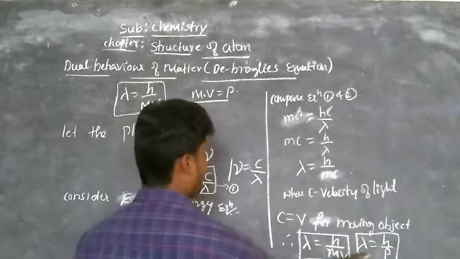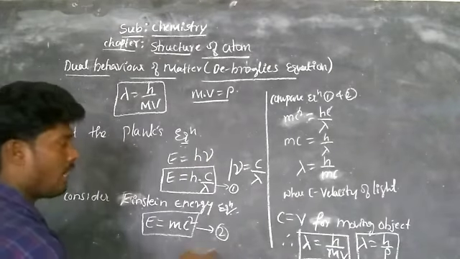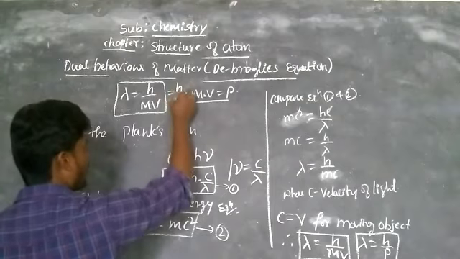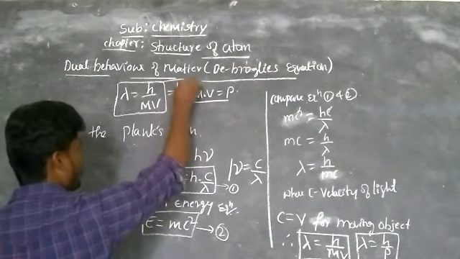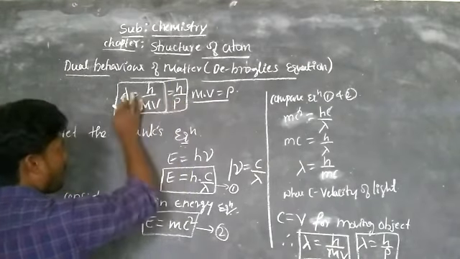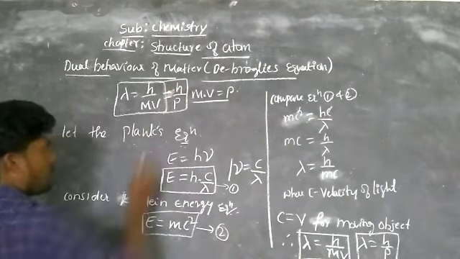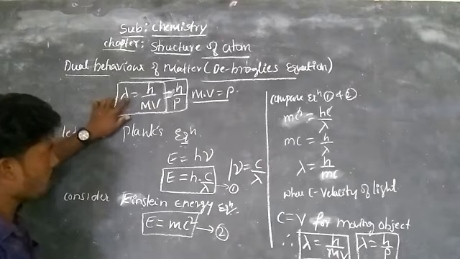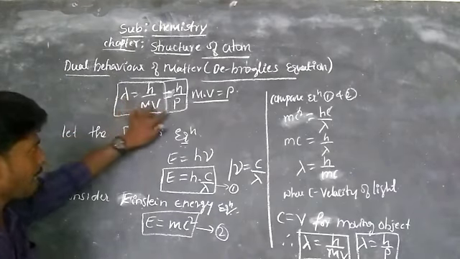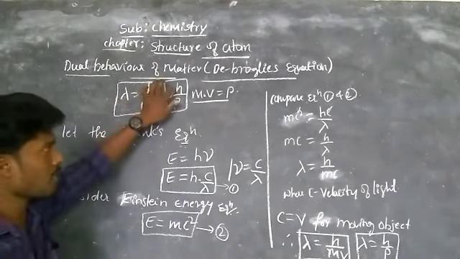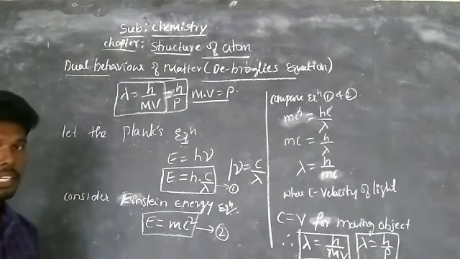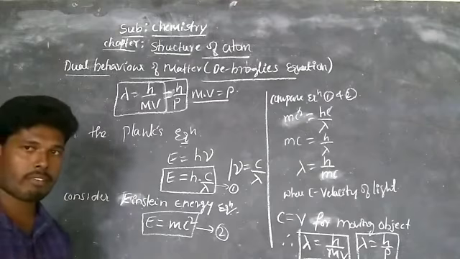From this equation, observe, p is inversely proportional to lambda because h is constant, that is Planck's constant. So this is the derivation of de Broglie's wave equation.